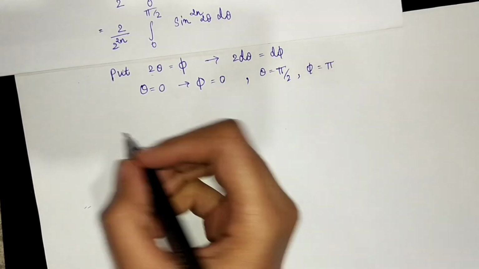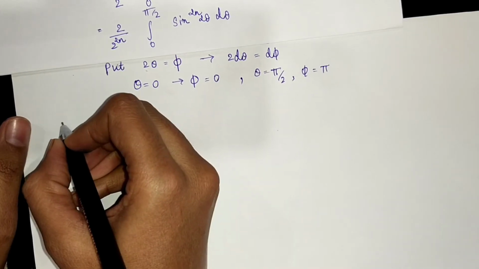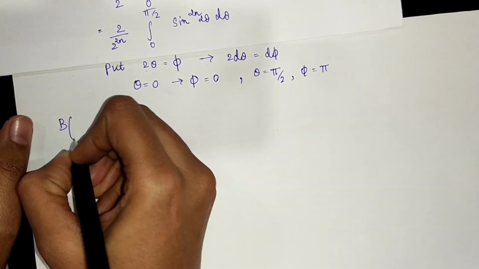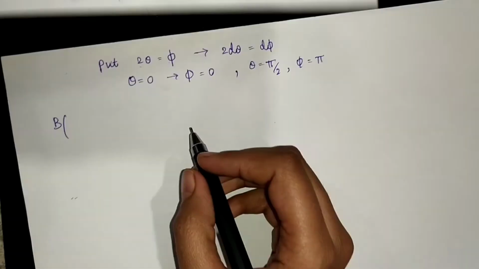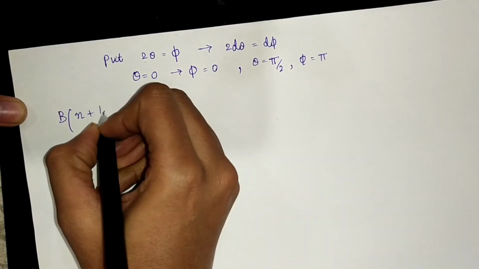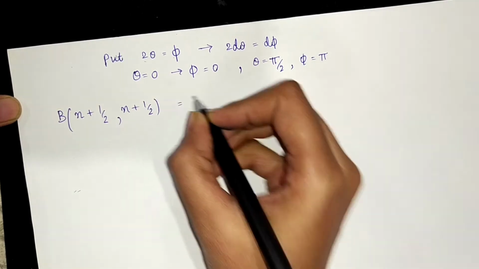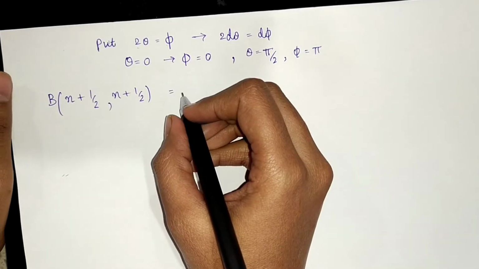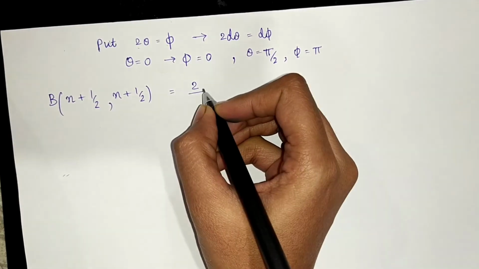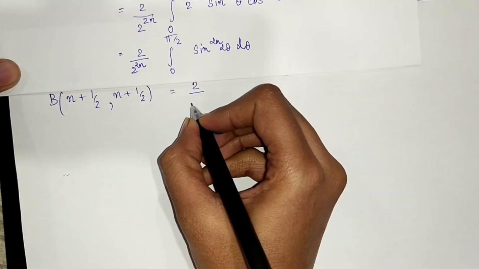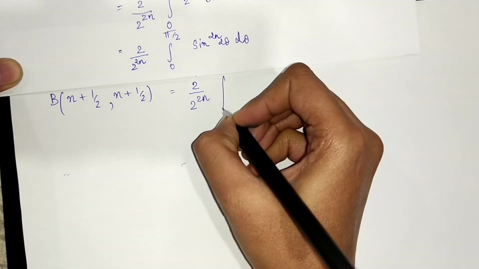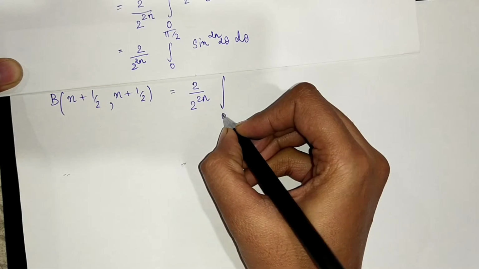So we get here, this term will remain as it is, n plus 1 by 2 equals 2 raised to 2n, and the limits will change, that is from 0 to pi.